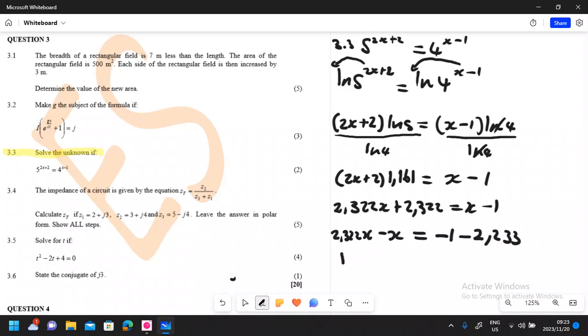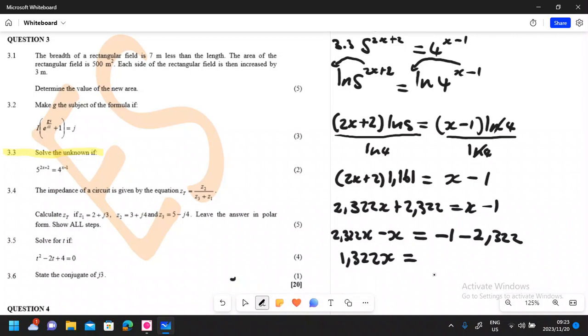We're going to get positive 1,322x. And then here, these ones, if you put them on the calculator, negative 1 minus 2,322. Oh, I swapped again here, guys. This is 1,322x. Okay. Yeah, as you can see, it's easy to make mistakes here, guys.